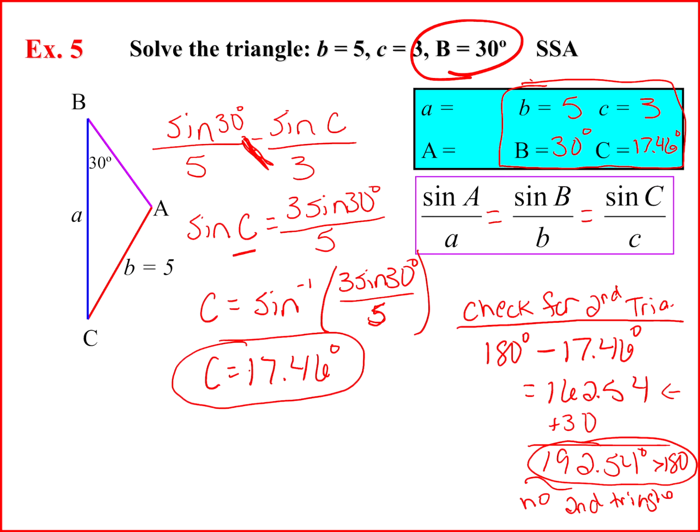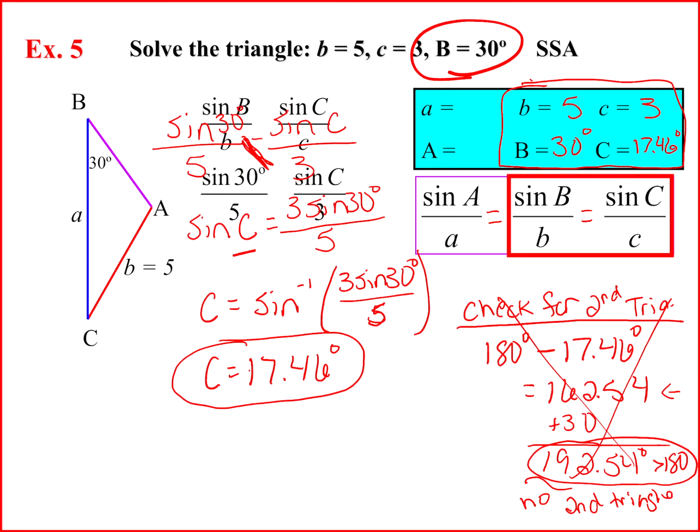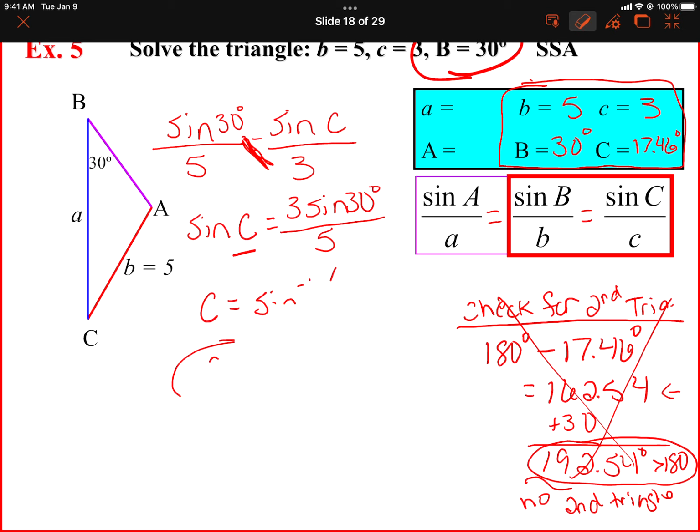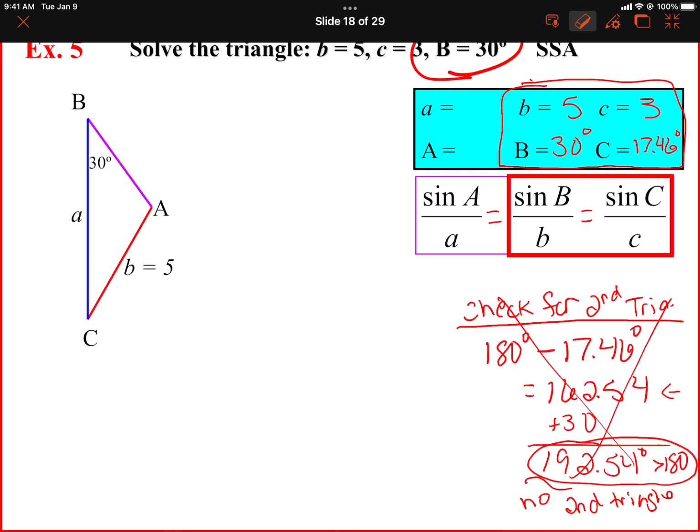Okay, so now that I know I only have one triangle, I don't have to worry about this second triangle. I can go ahead and just find the rest of our stuff. I'm going to erase a little bit on here so that I can come back and get some information that we need. We know there's not a second triangle.